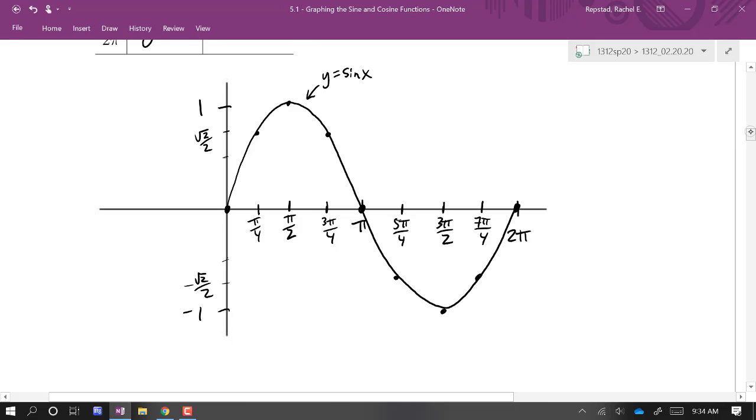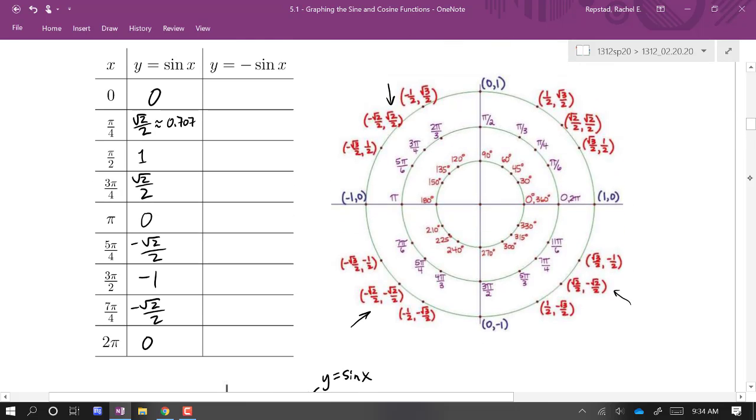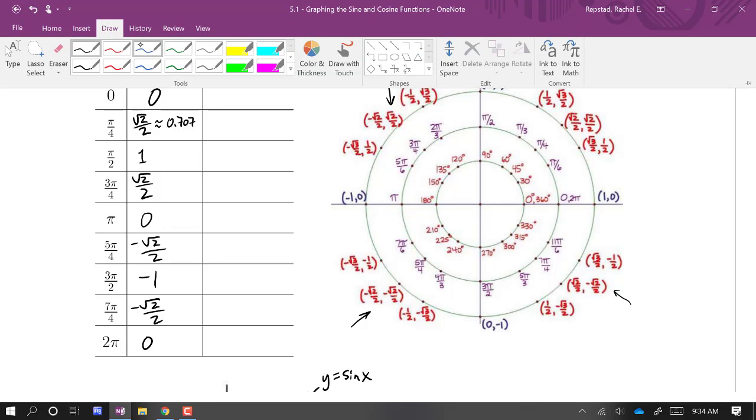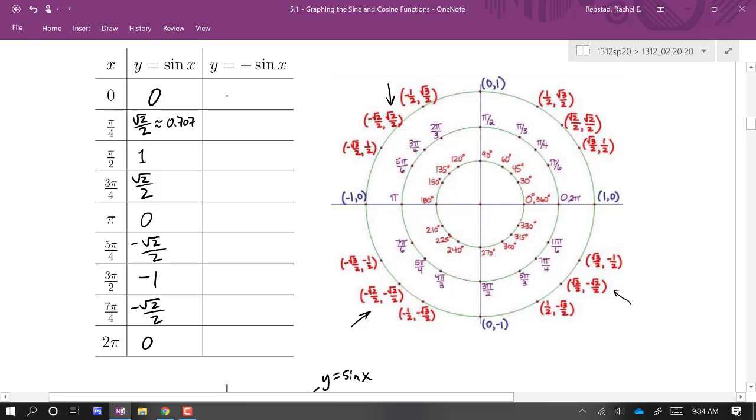Let's do one more here. Let's fill out this third column, negative sine x. I'm just going to take all of those values that we found in the middle column and change the sign. So of course 0 is unsigned, so that's 0. Negative √2/2, -1, negative √2/2, 0, positive √2/2, 1, positive √2/2, 0.